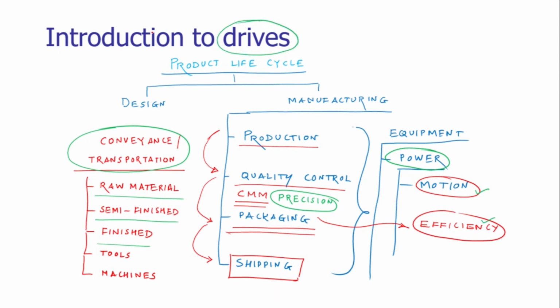These operations are basically the production operation and quality control operation, and these drives are required to carry out various activities related to the production, quality control, packaging, and the transportation.